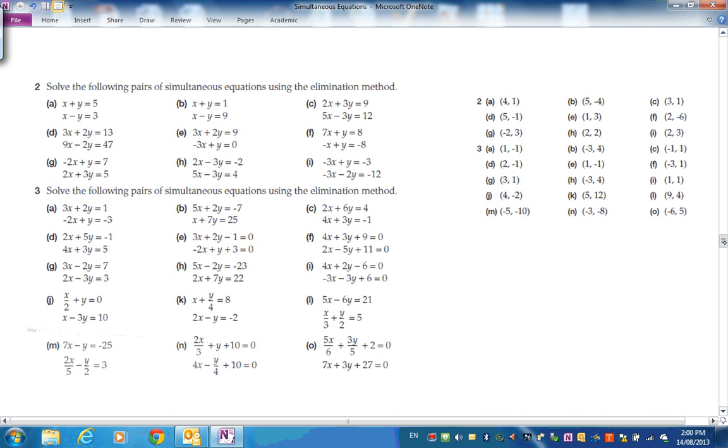All right, so here are some problems with the answers down the side here. This is from Pearson's textbook, the Year 10 National Curriculum. So I would suggest you have a go at a number of these. They're all slightly different in each of the sets. Some of them up here have got matching x's or y's, and down here generally they don't.